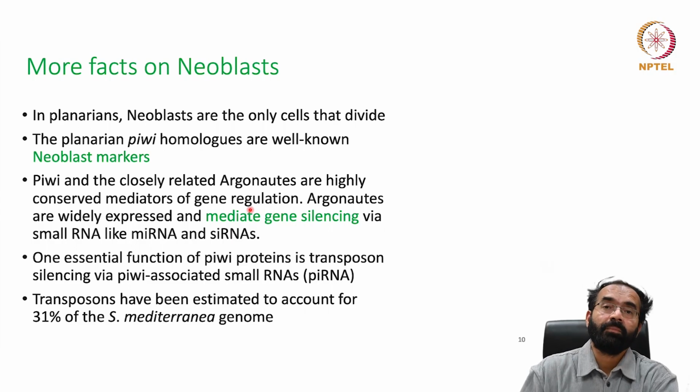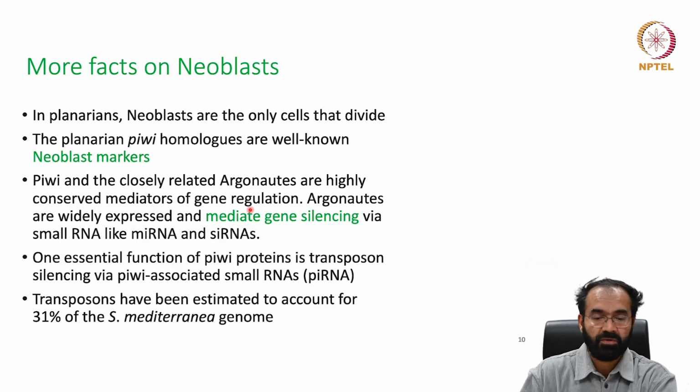For this, it has to form an RNA-induced silencing complex, RISC, and this is formed with the help of proteins such as Argonautes. So PIWI and closely related Argonautes are highly conserved mediators of gene regulation in general and especially in planaria. Argonautes are widely expressed and mediate gene silencing via small RNAs like miRNA and siRNA.